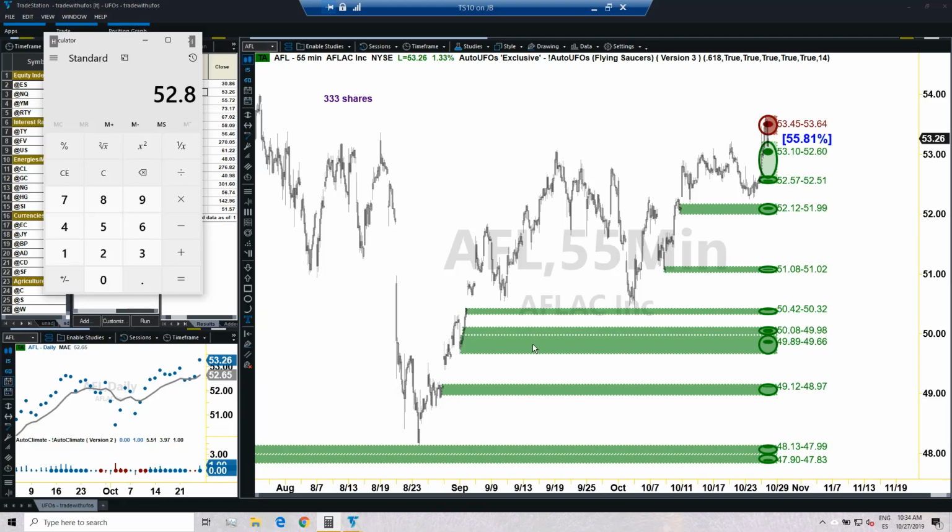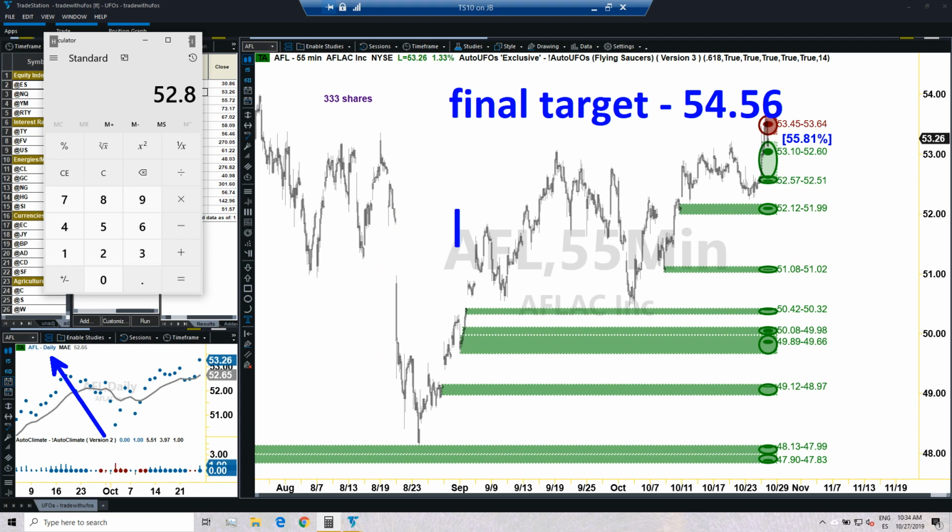So what would you execute? A trade with a final target located at 54.56, which is the UFO we found earlier on the daily time frame. That's your final target. We also have a safety target much below, located at 52.80.